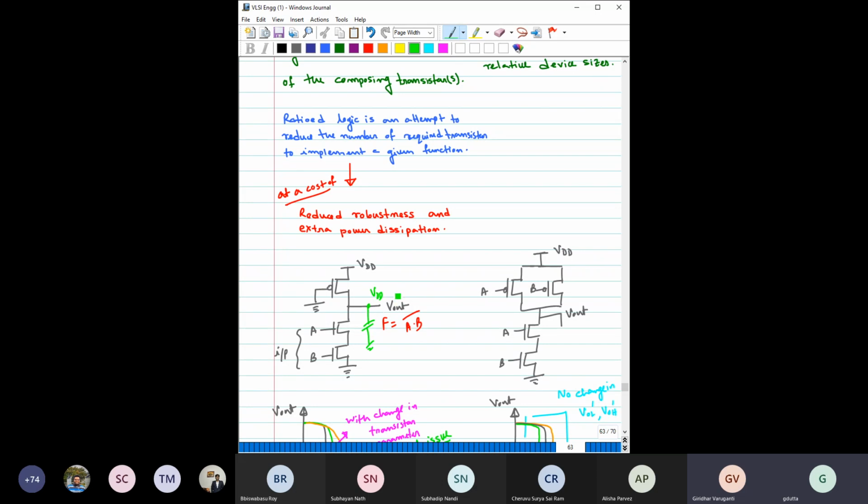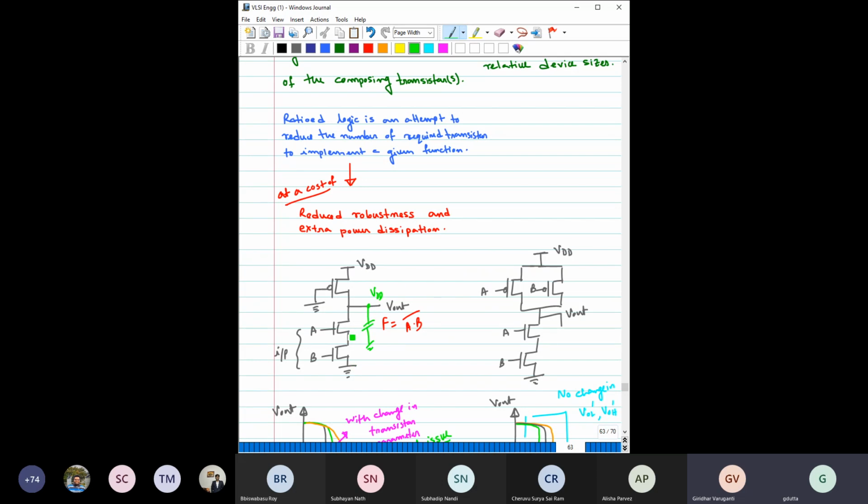I am expecting that the discharging capability of the NMOS pull-down network is much more than the pull-up network. If the driving capability of these two were not higher than this, the entire thing would not be passed to the ground, so it would not be getting charged.